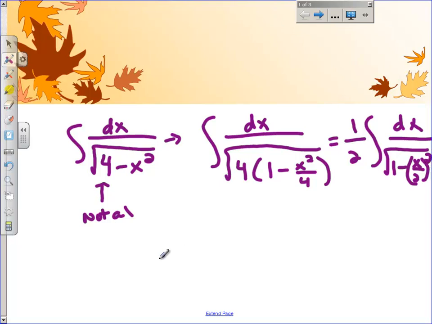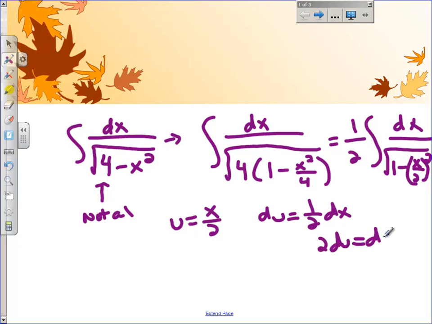Now let's perform this integration. Let's see if we can make it fit that form in the top. So u would then be x over 2. So what do we do next? Well, we take the derivative, right? So du is 1/2 dx. And I'm just substituting for that dx, so that statement would say that 2 du is equal to dx.